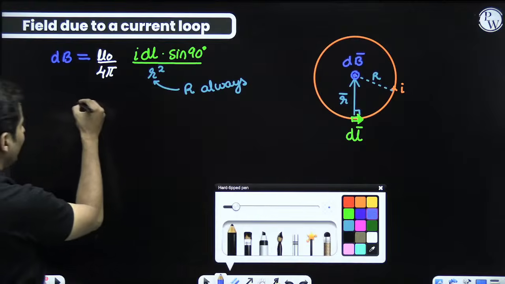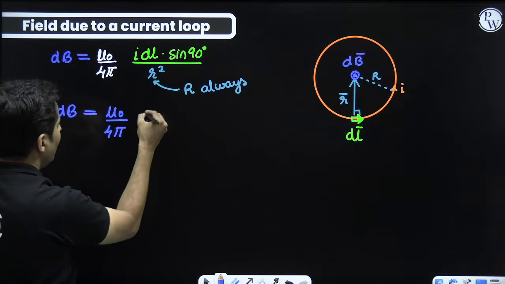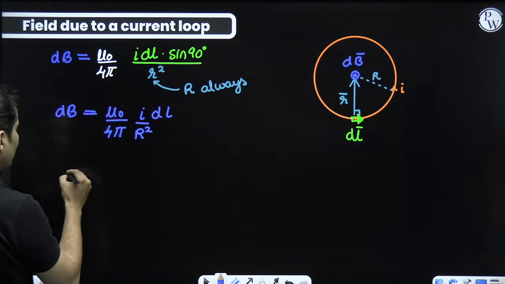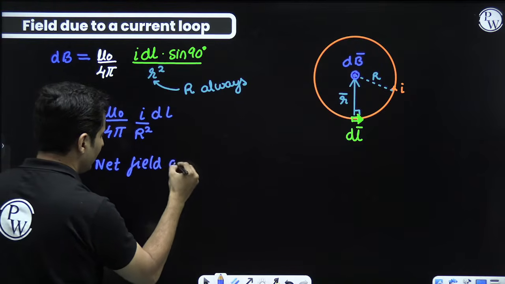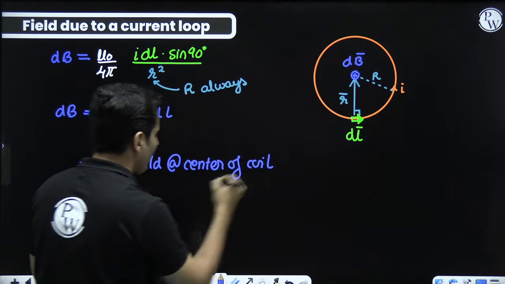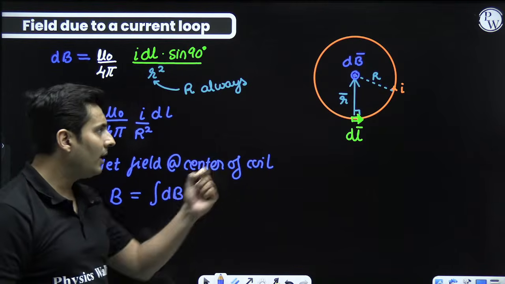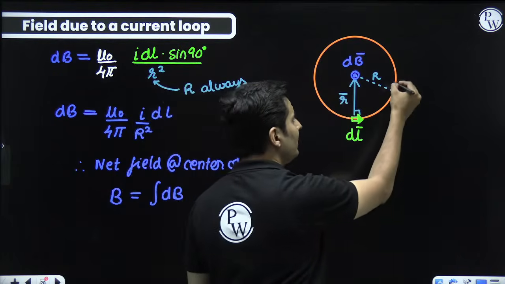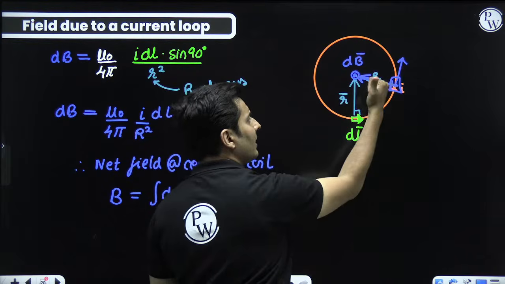So I can very easily say dB is equal to mu naught by 4 pi, I, dL, and R square. Great. So therefore, the net field at the center of the coil will be the integration of dB, and all these dBs will be towards you, no matter where you take. Even if you take an element here, dL is there, r is here, so dL cross r is towards you.